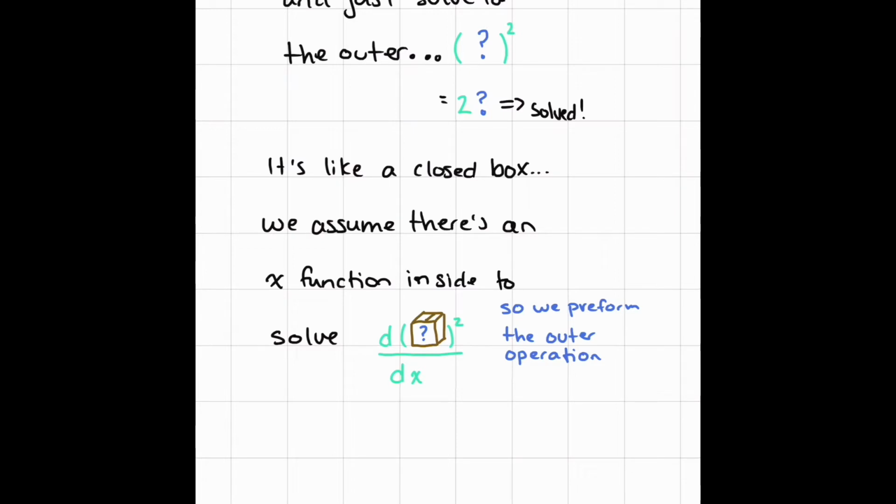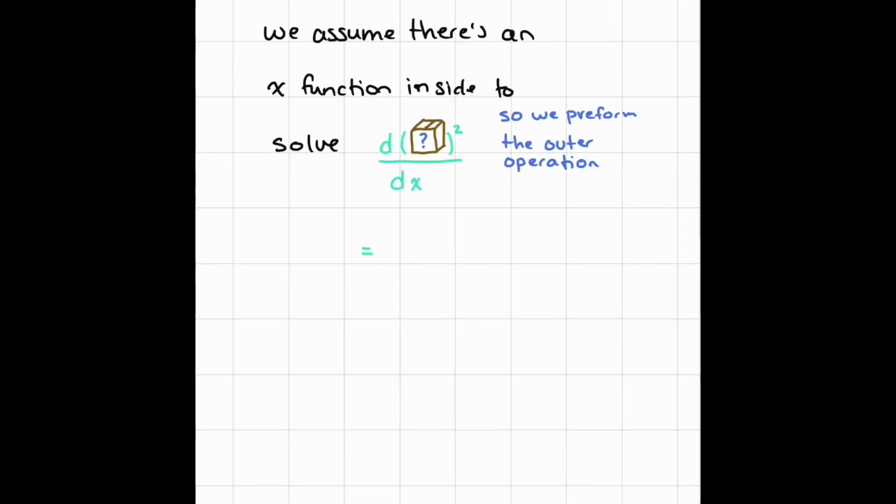And it's important to note that d over dx is an operation itself, just like plus, minus, divide, and so on. So when we perform this operation, we'll get 2 times the box. Time to open the box. So we get 2y.